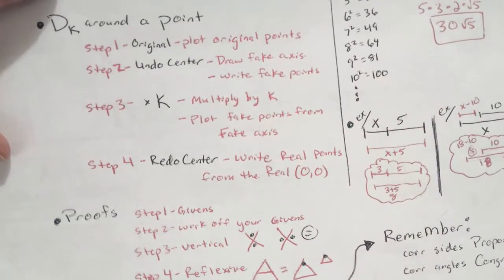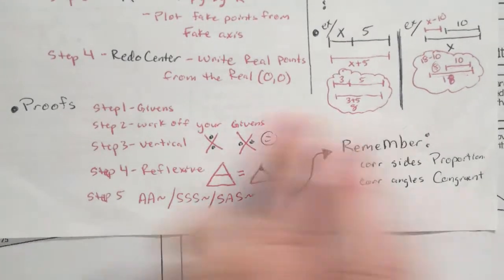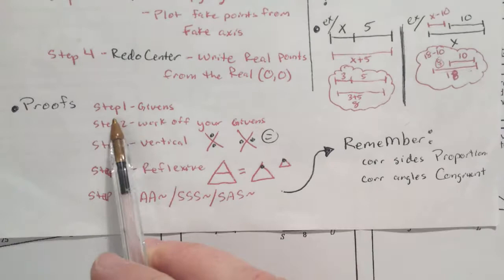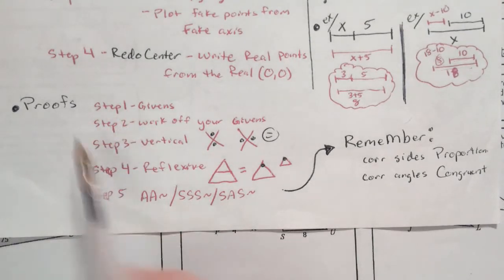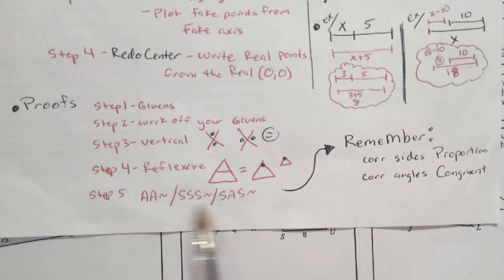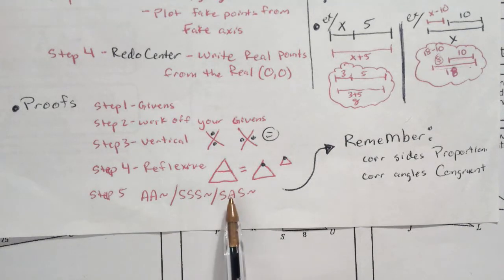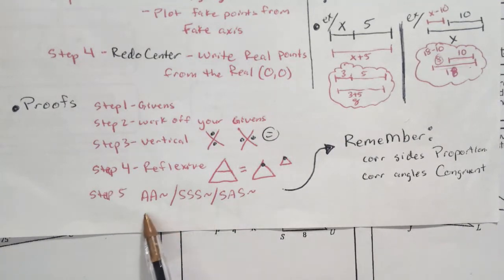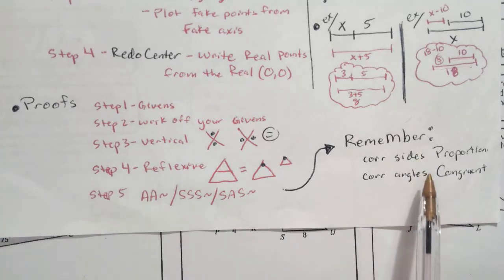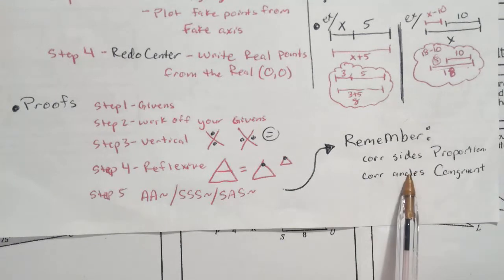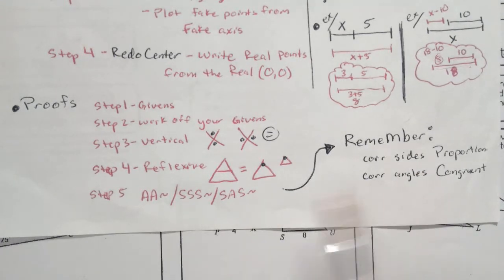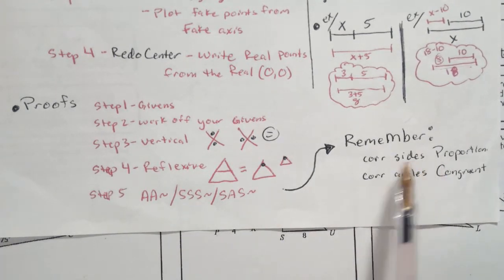So if we go all the way down to the bottom, here is what we need to focus on. Step 1, these are the givens and stuff like that, but this is what we want to focus on: the AA similarity, SSS similarity, SAS similarity. Every time I say A, I'm talking about angles, and those angles are supposed to be congruent. Every time I say side, we know that the sides are proportional.